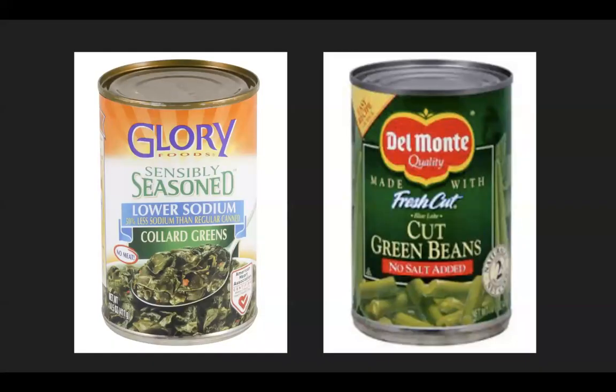So I didn't see many low sodium options, and that's less than 200 milligrams. And you don't need to look at the nutrition labels of every can to look at the sodium. You can just see it on the can label. It'll say low sodium, like this one on the left, seasoned sensibly, lower sodium. And then on the right, this one says no salt added.